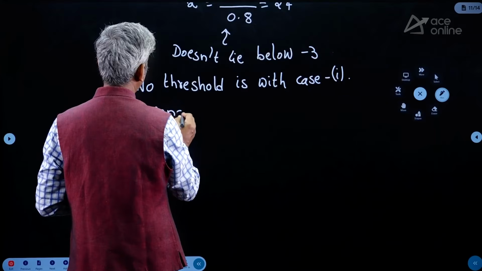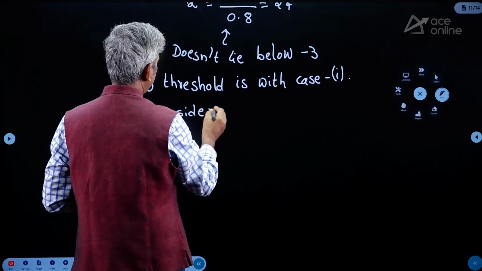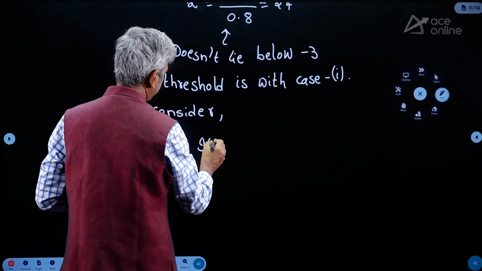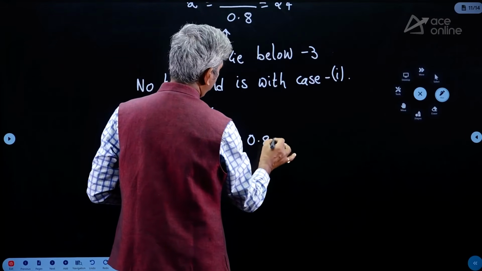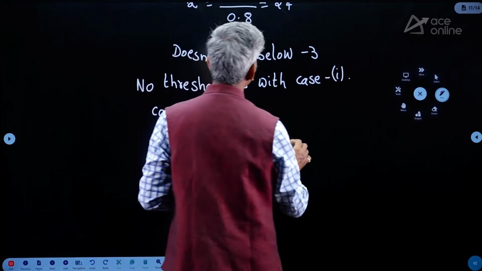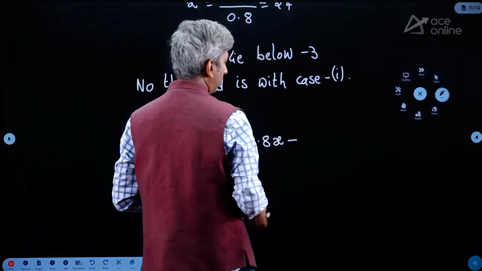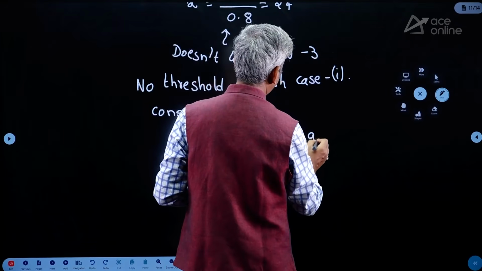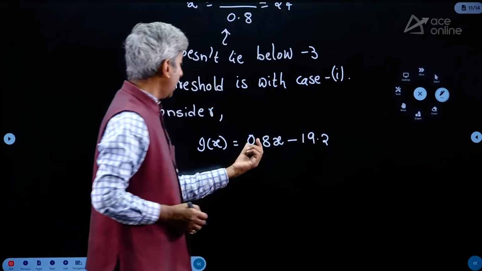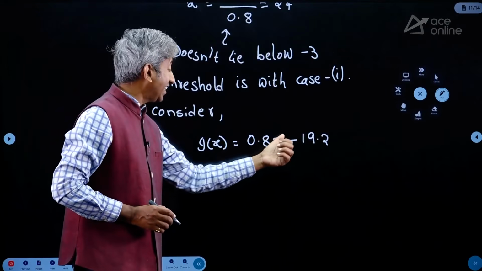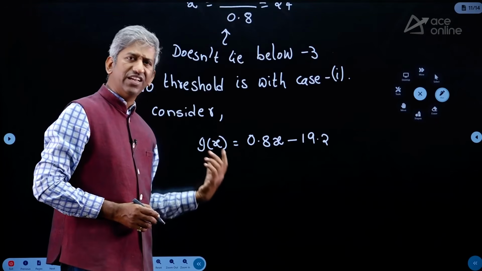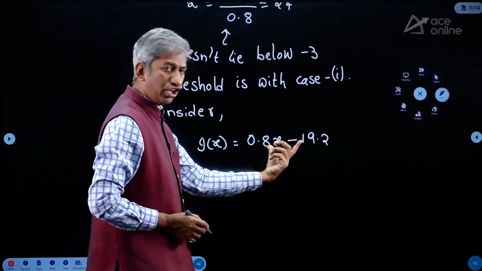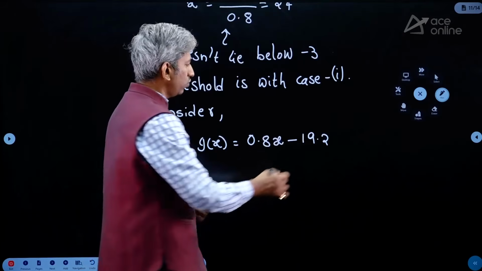Consider your g of x associated with this case, that is 0.8x minus 19.2. And see here, x is always a negative value, that is less than minus 3, means it is always a negative value. So, your g of x would always be negative.